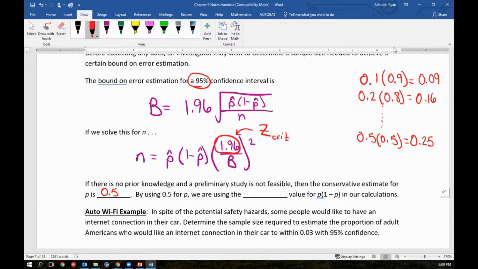This gives you your biggest value right there. Does that make sense? So by using 0.5 for P, we're using the largest value for P times 1 minus P in our calculations.